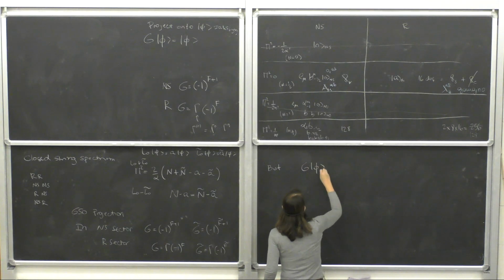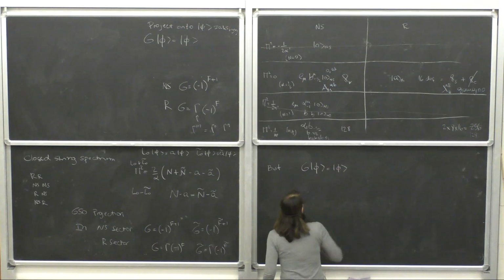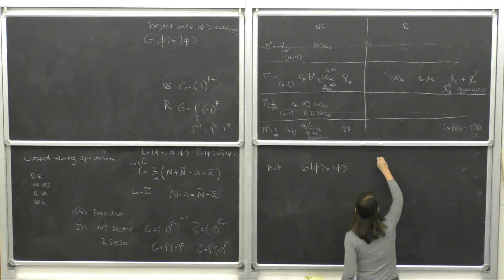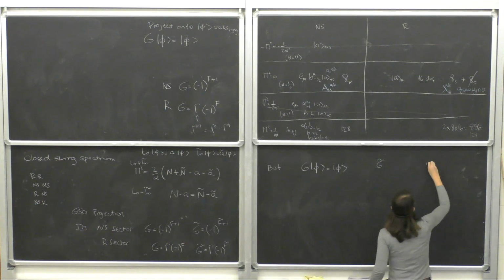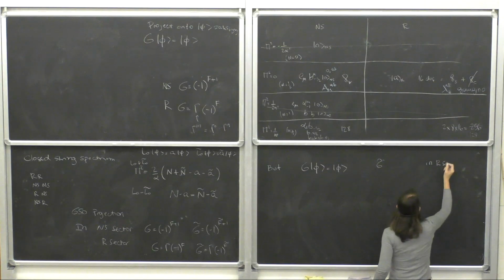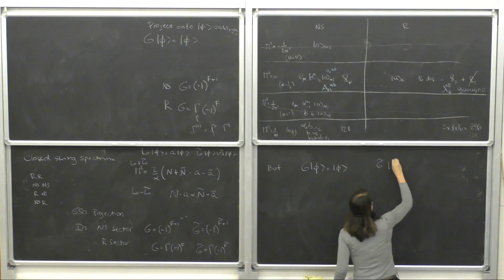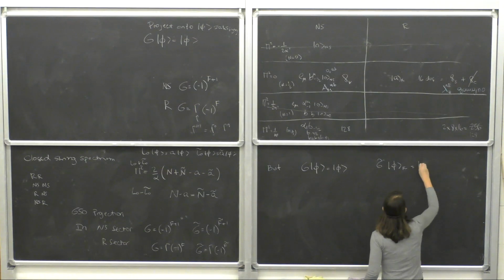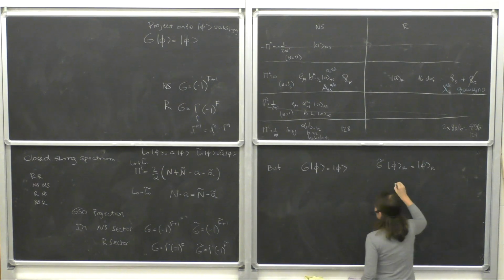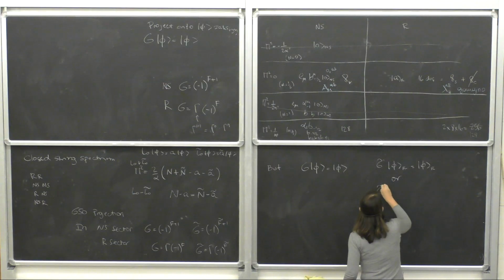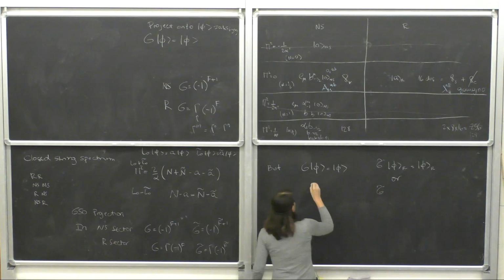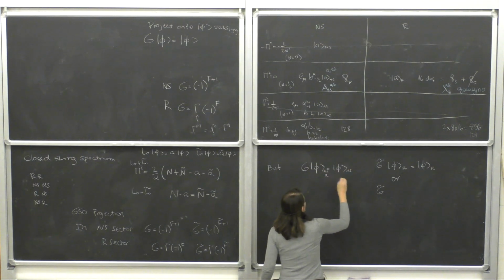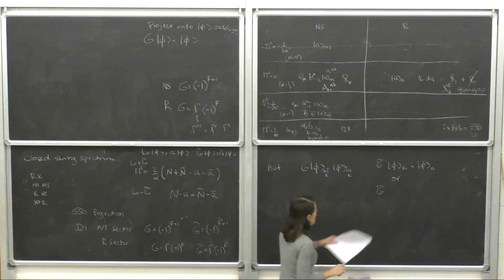I take G phi equals phi, and for G tilde, this is for NS or for Ramond.